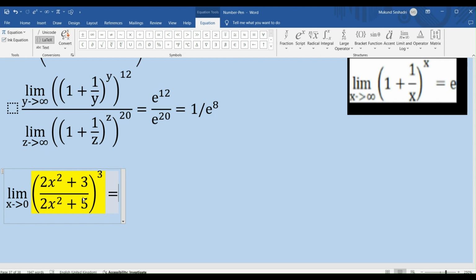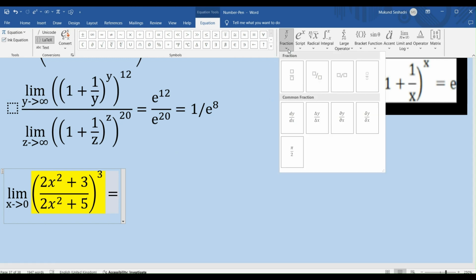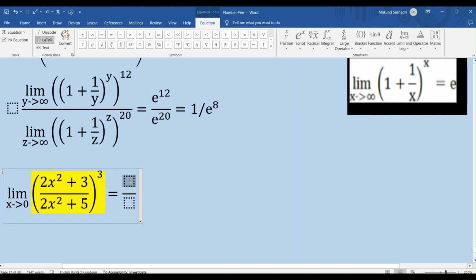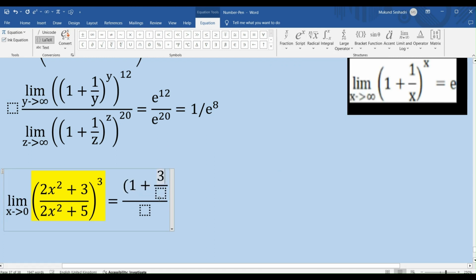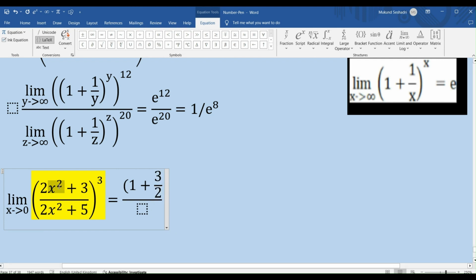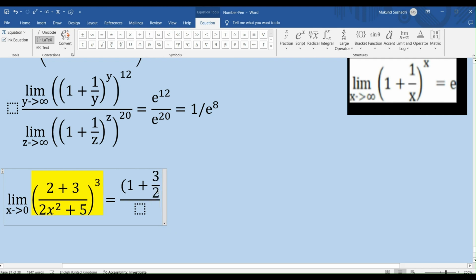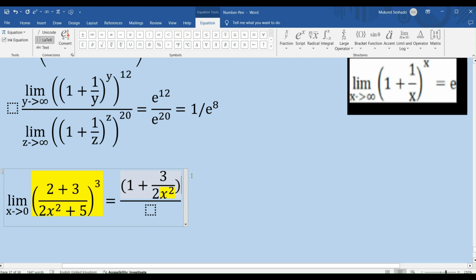So what do I get here? Let me do a divide by 2x square on the numerator and on the denominator, right? And what do I get? 1 plus 3 divided by 2x square. Close this. I have a very similar expression at the bottom, which is my 5 by 2, right?